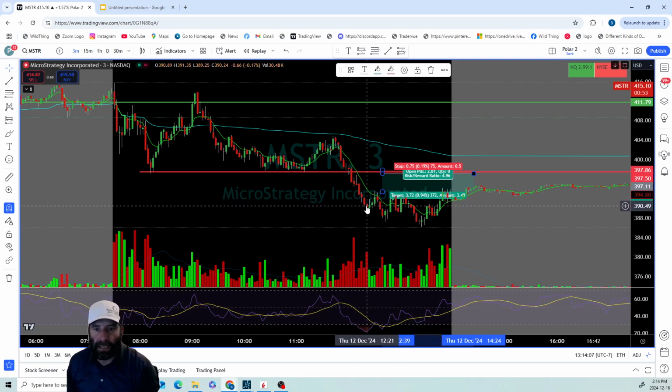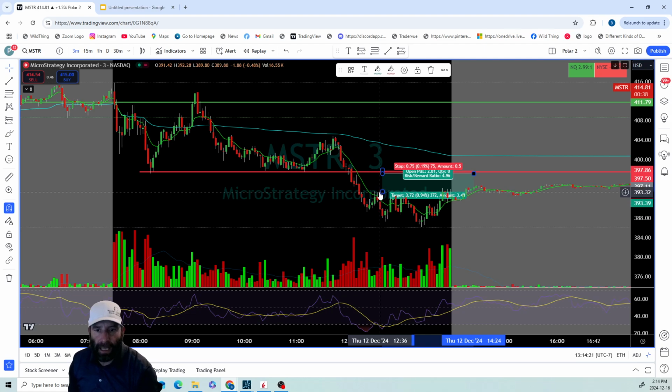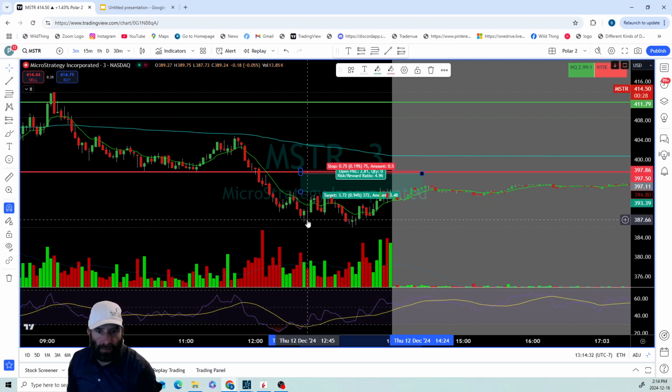In this case, we get our first candle to break the high of the previous candle. That's this one right here. So we might cover another 25 shares in the 391s, and then let the rest ride. As you can see, price tries to break over the 9 EMA, gets sold off even more.